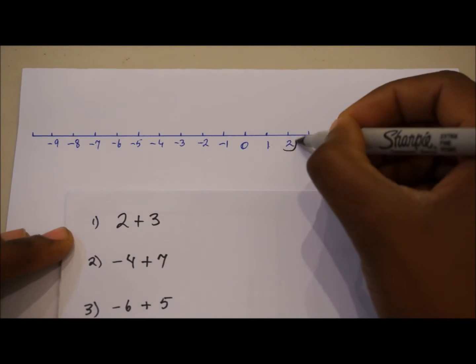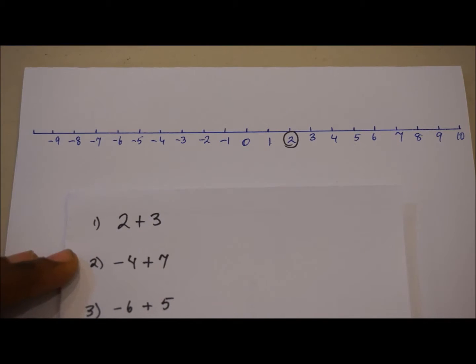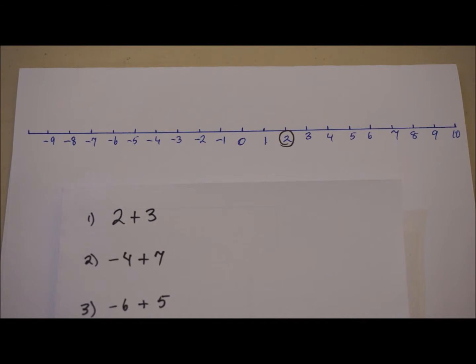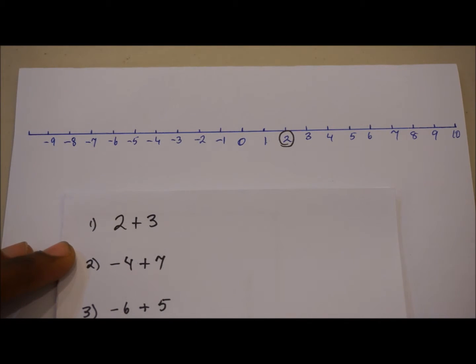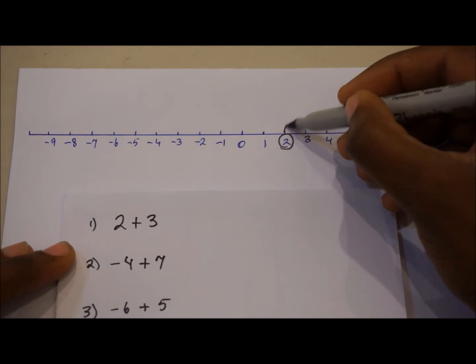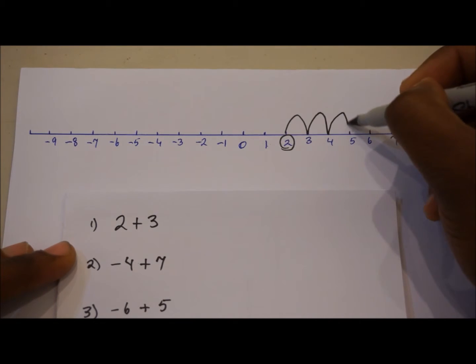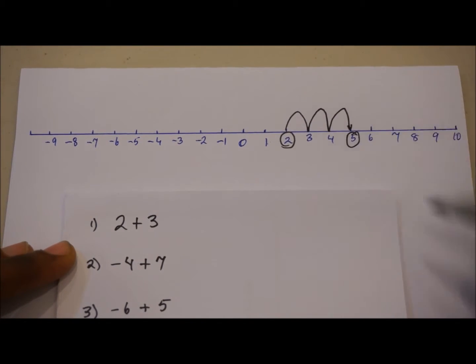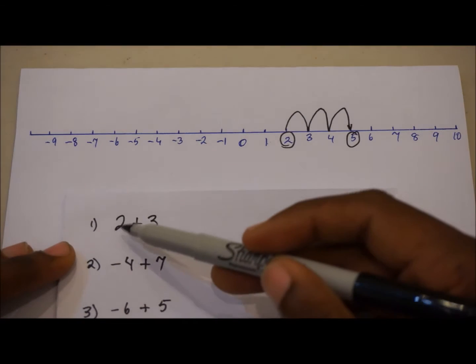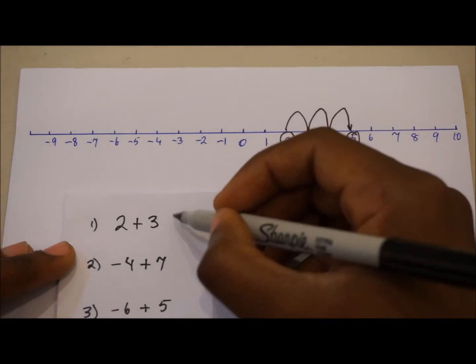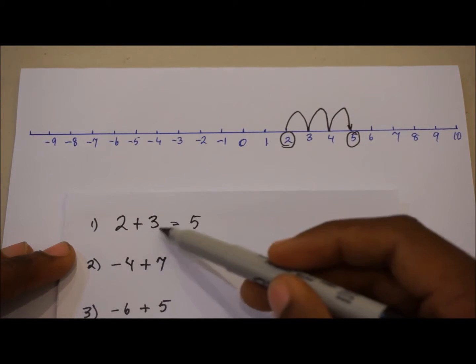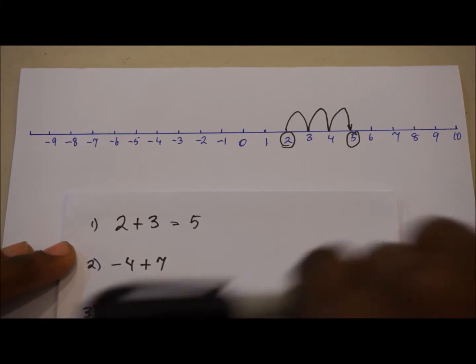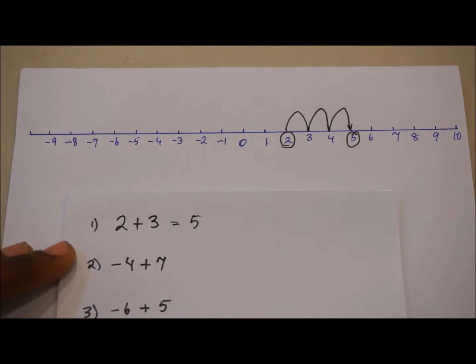And then the positive 3 means I need to move 3 spaces towards the right. Therefore, 1, 2, 3 spaces. Notice I land on the 5. Therefore, 2 plus 3 is 5. The plus 3 means I'm going 3 spaces to the right.